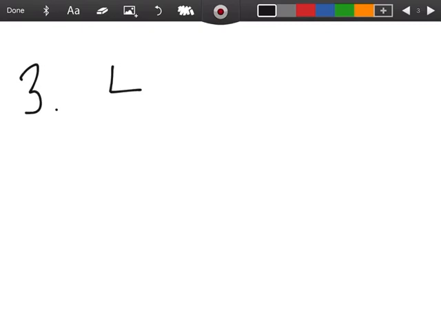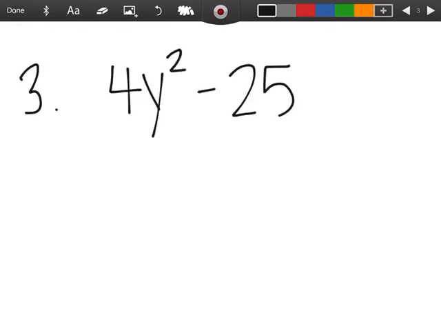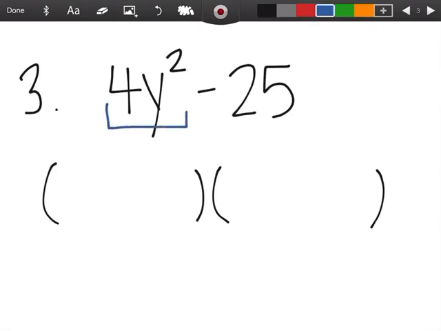They might give you a problem like this: 4y squared minus 25. Let's split this up and think about it. What did they square to get 4y squared? To get 4 is 2, and to get y squared is y. So 2y and 2y.